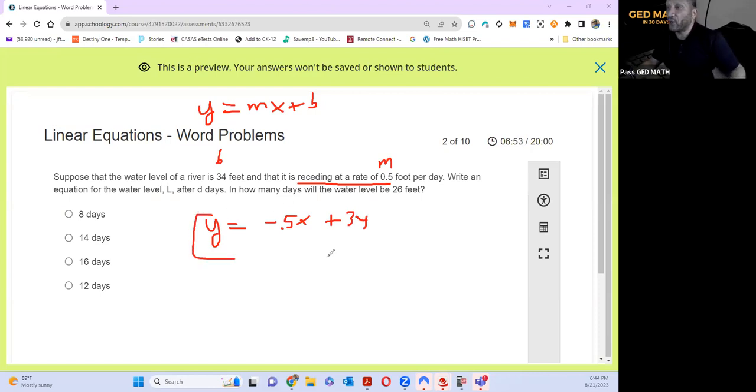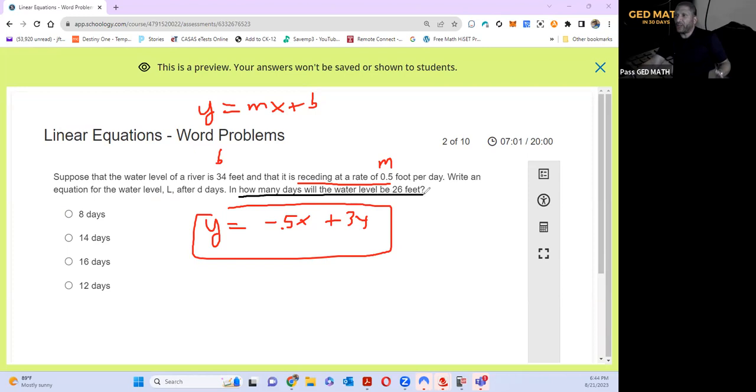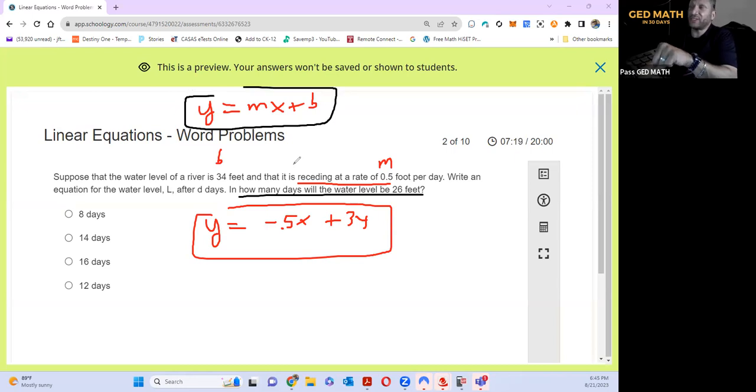That's our linear equation. They want to know how many days it will take for the level to be 26 feet. What they're telling us is we know what y is. Why do they have L? It doesn't matter. They say write an equation of the water level L after d days. So even though we started with this, they tell us to use specific variables.